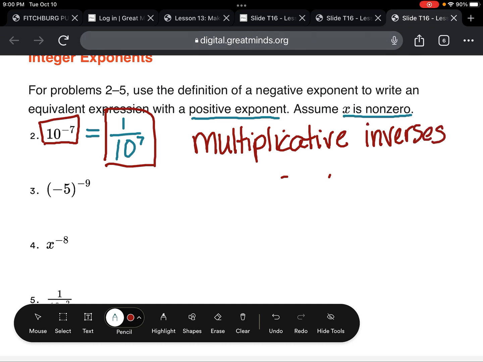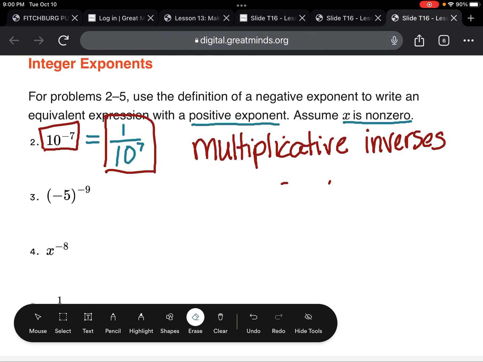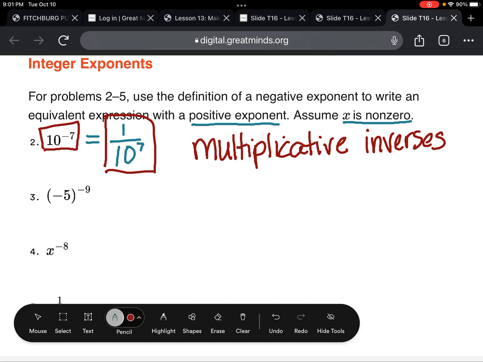So what that means is when we multiply these two numbers together, they are going to equal 1. That's the way in which this works. 10 to the negative 7th power times 1 over 10 to the 7th power, if we multiplied those together, they equal 1, which is the definition of a multiplicative inverse.